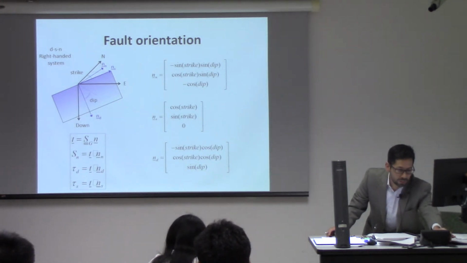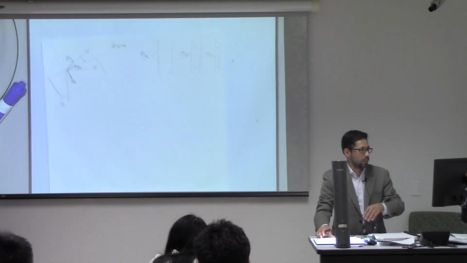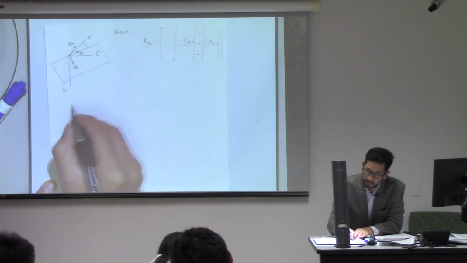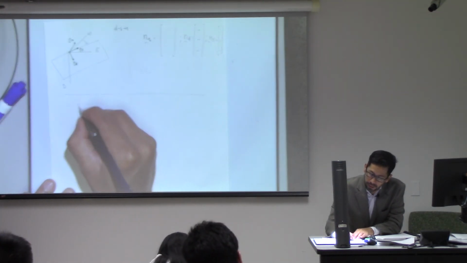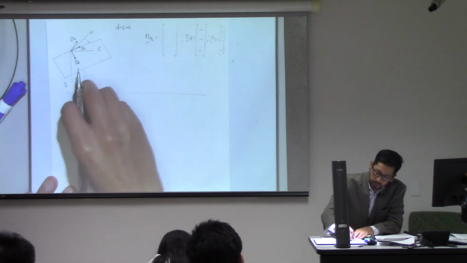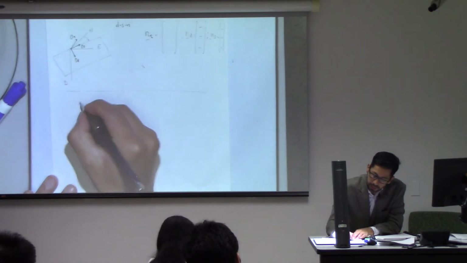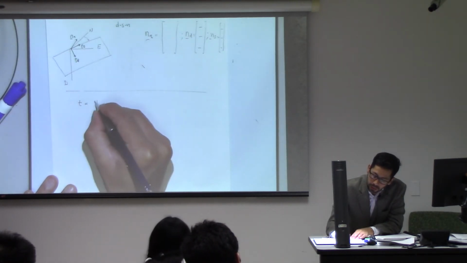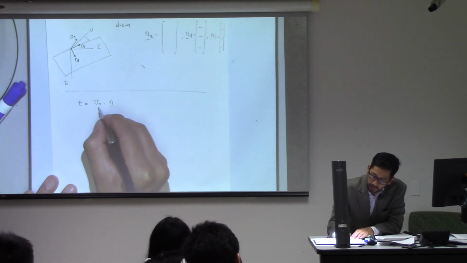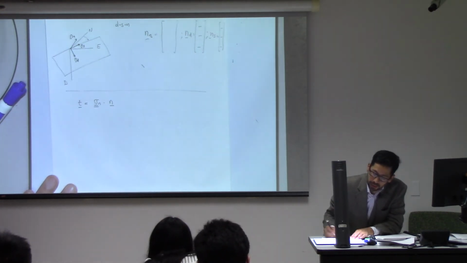And after you've got all this, now we can do what we did before. So remember, our equation was sigma, what we said before, T. It was sigma n times n. That was the equation that we derived before.